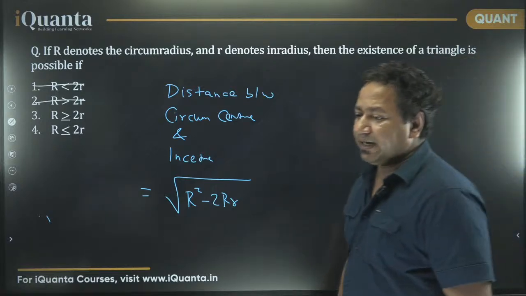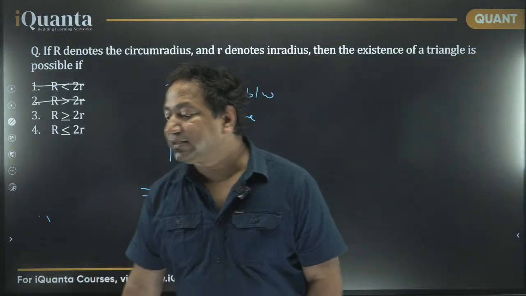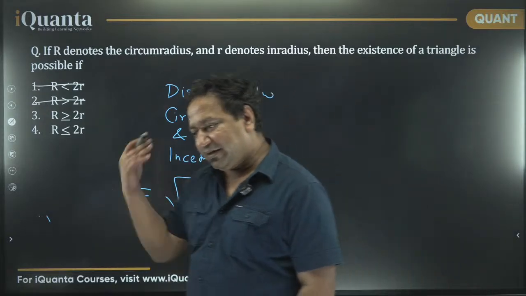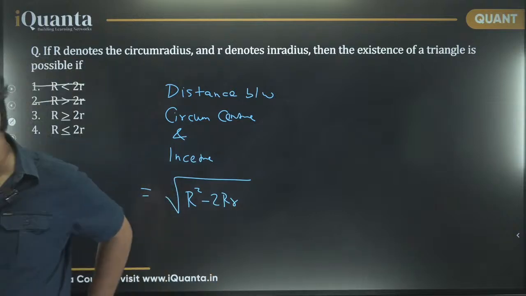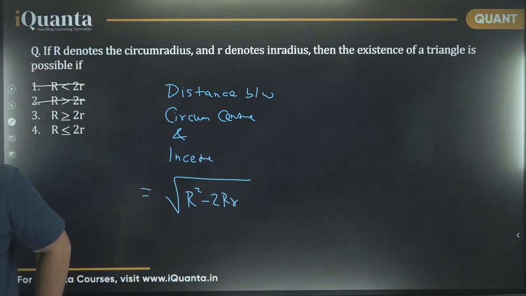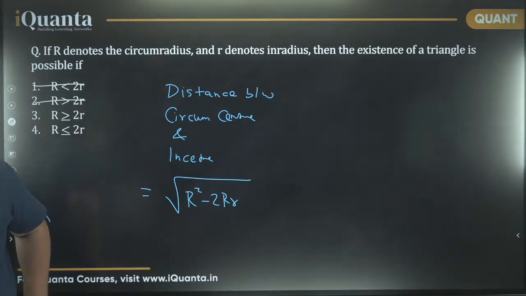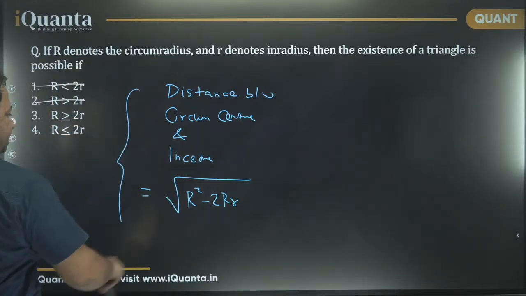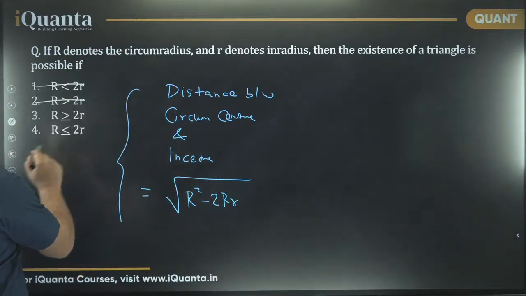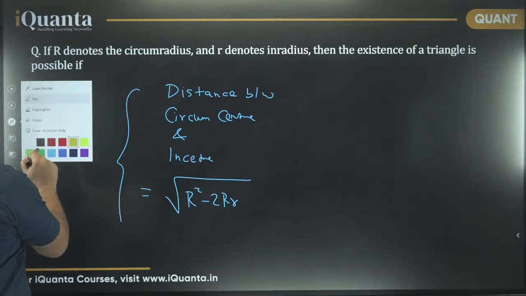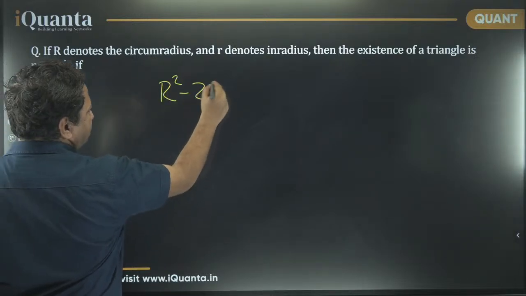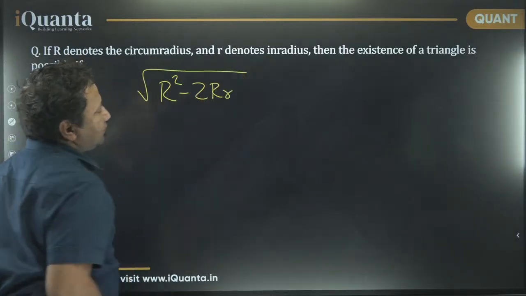So till now, I discussed the concepts. Now I'll discuss how to solve this question directly, mentally, just in your mind. This is the most important thing, write it down, everyone. Done. This is what we have.